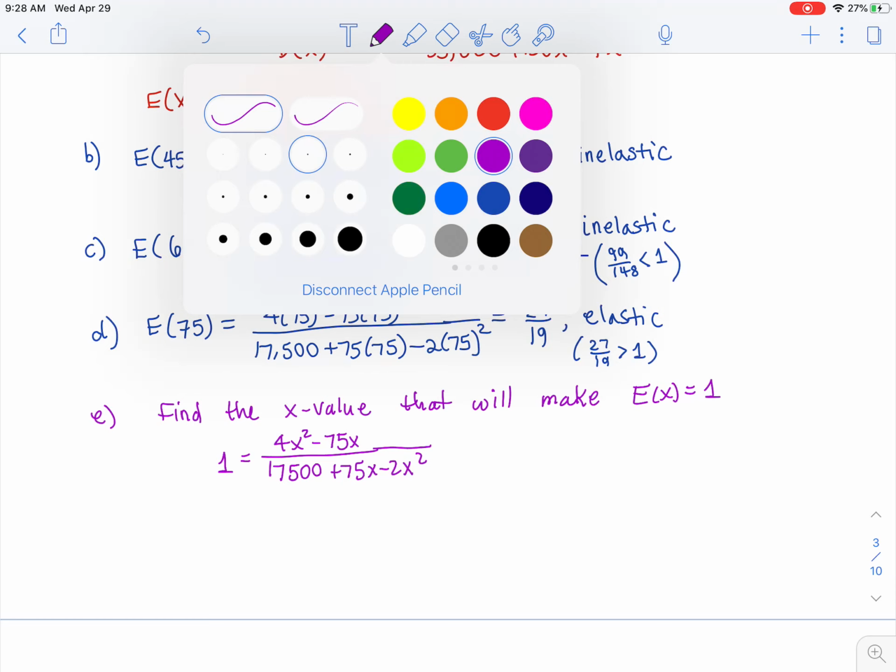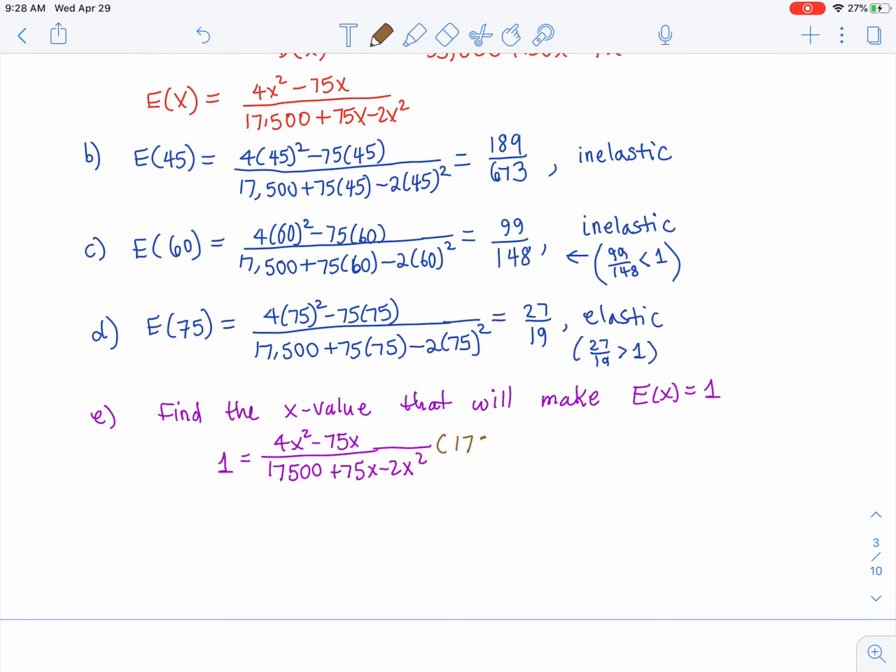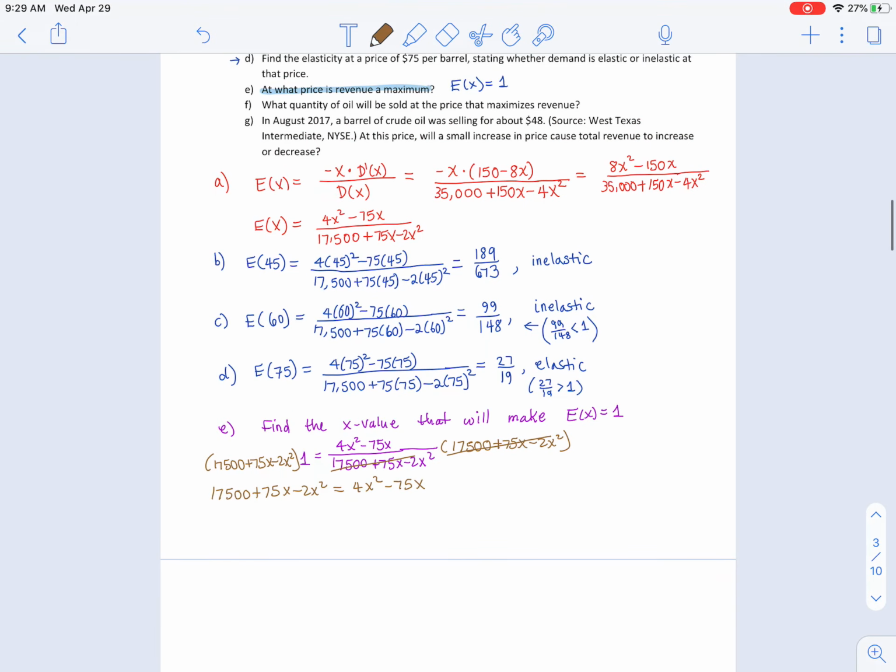Well, let's first multiply both sides by that denominator, 17,500 plus 75x minus 2x squared, so that this cancels out. I'll get 17,500 plus 75x minus 2x squared equals 44x squared minus 75x.